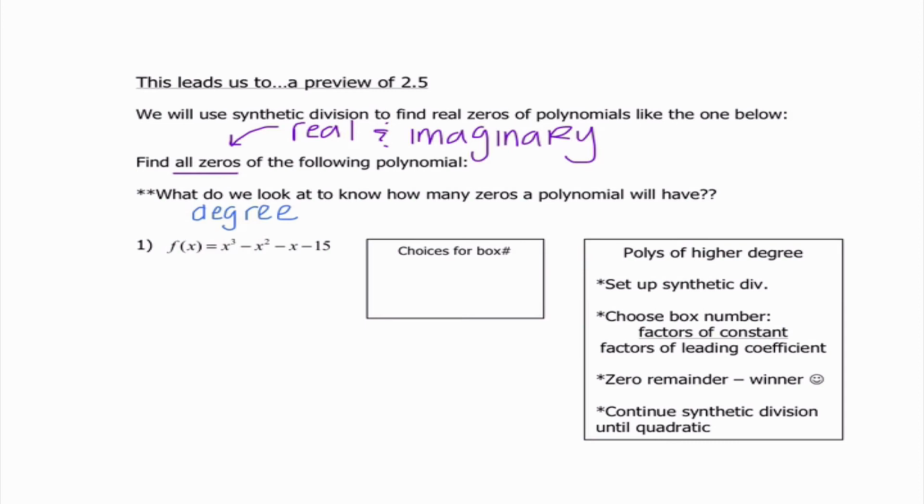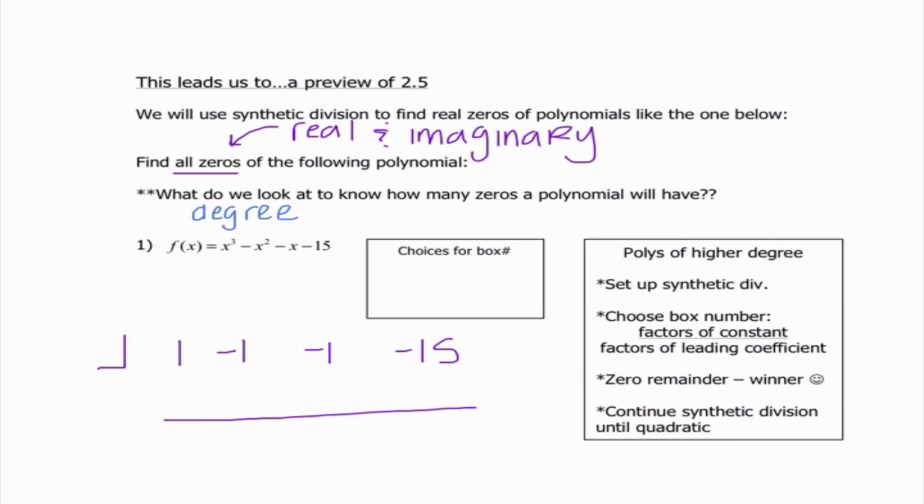So the way that we would set something like this up, I'm going to list out all the coefficients like we did in synthetic division. Remember, if we are missing a term, we would fill in a 0. What makes this one a little bit different is I don't quite know what my box number is, so we need to choose a box number.